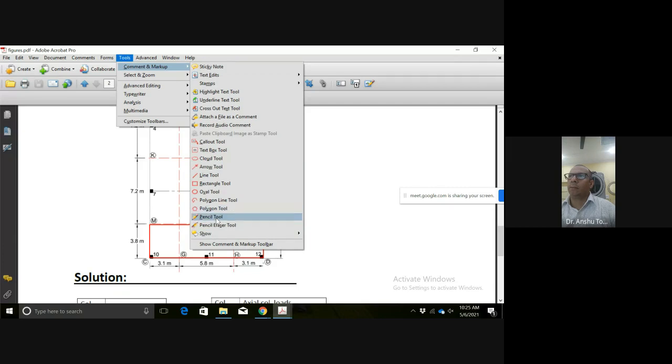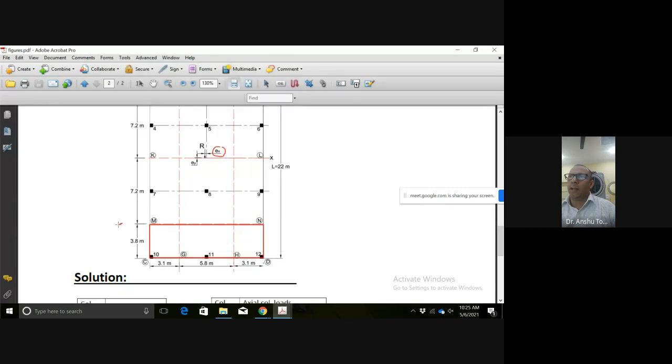considering this one as the span and finding out the moment in this particular direction with this span. So it is something like this. Whatever flexural bending is there in this particular direction, that we have assumed.